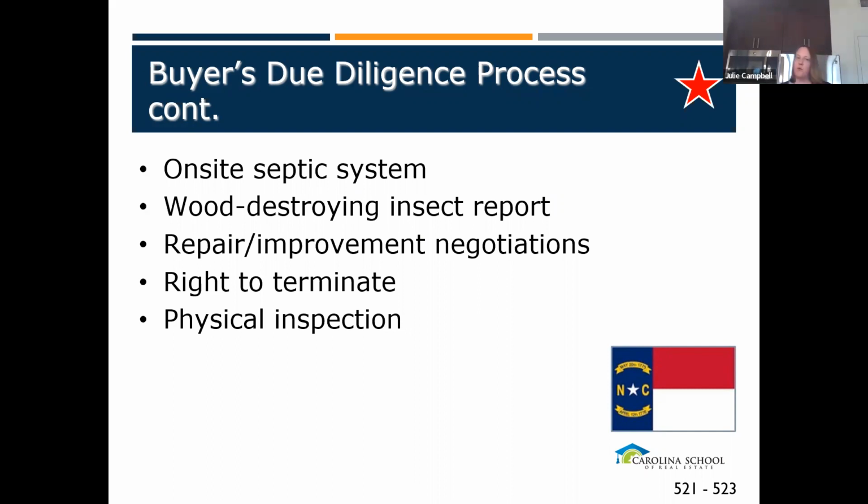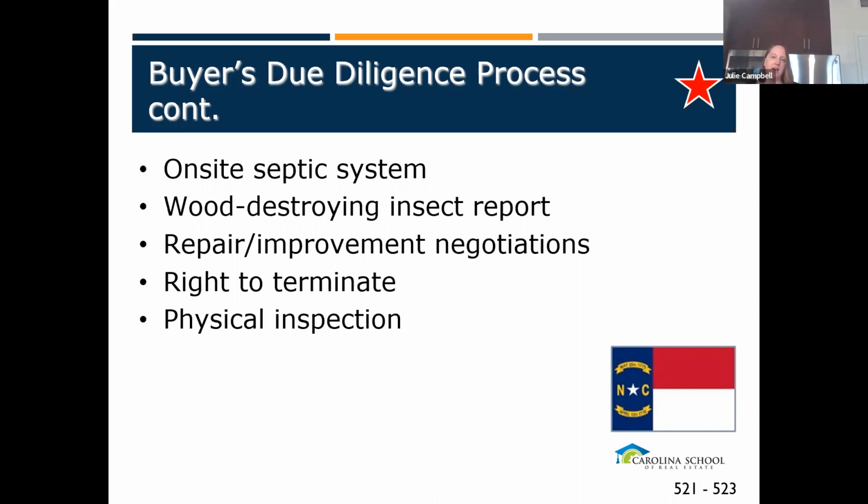Because if the buyer has a home inspection and they come away with a 60, 70 page report, whole pages of things wrong, and the seller says they're not going to do any repairs, we're still in due diligence. The buyer has a decision to make: now, knowing what I know, do I want to move forward with or terminate this transaction?